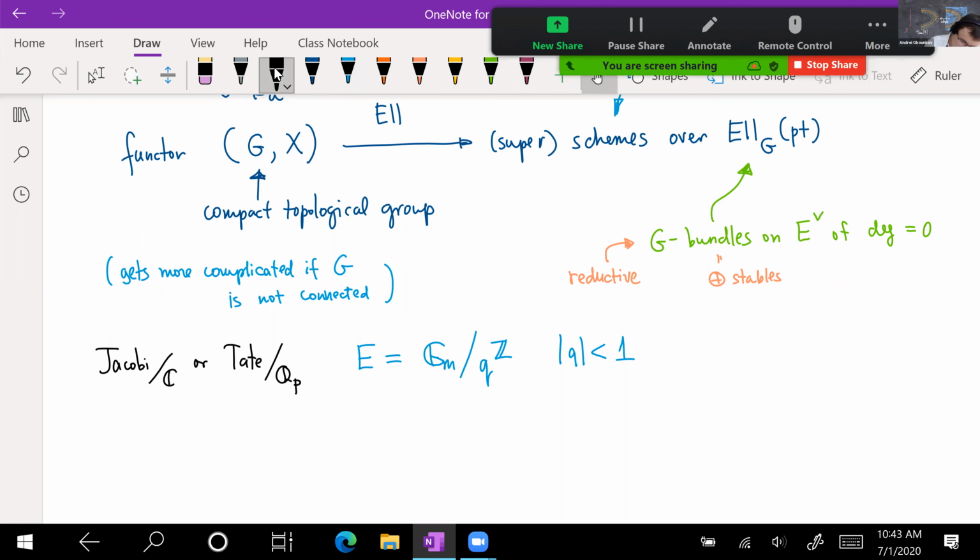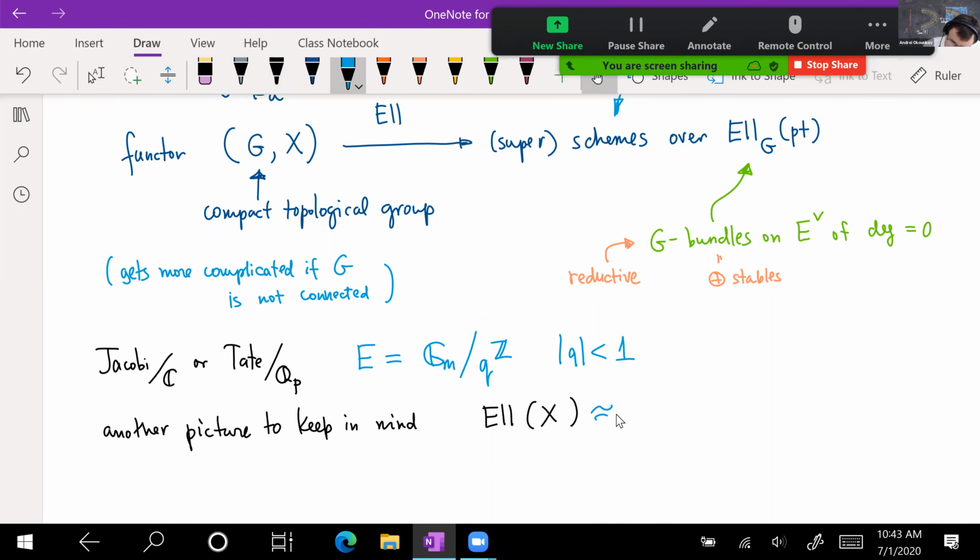And also another picture to keep in mind is that the elliptic homology of X is, with these pictures, we remember when we had the picture of a loop and then a torus, last week, and from many other perspectives, this is like the K-theory of loops in X. This would be particularly important for us, because a long time ago we were talking about interfaces on the Riemann surface, and that's where the loop lives.